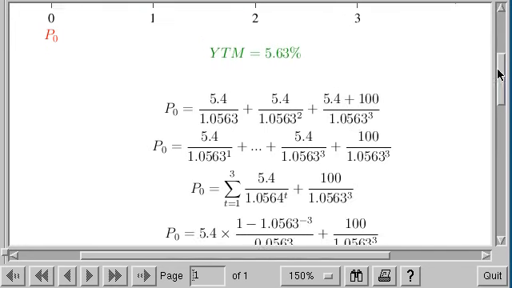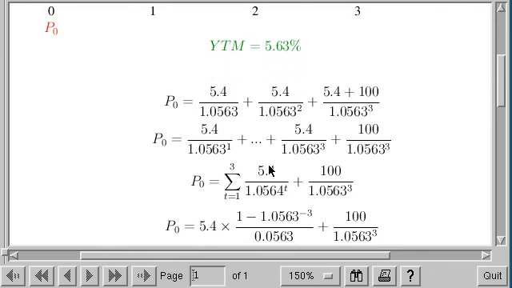Then you may change a little bit this. First you may write it that way, because if you have 20 years, it's more convenient. And then we separate the repayment from the last coupon. Thus, we may realize that all the coupons make an annuity, because all the coupons are the same. And then we can look for the present value of this annuity and then add the present value of the final repayment in order to get the price.